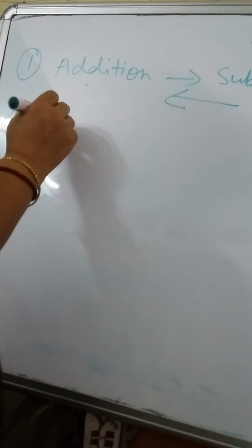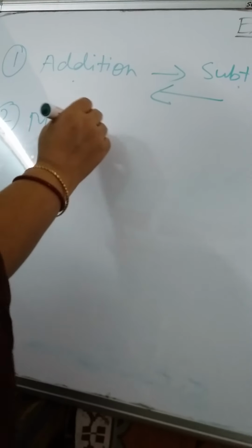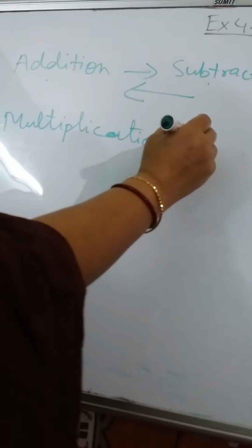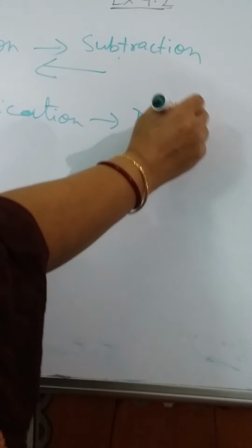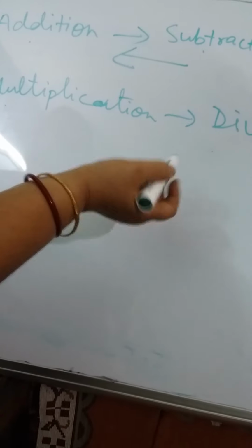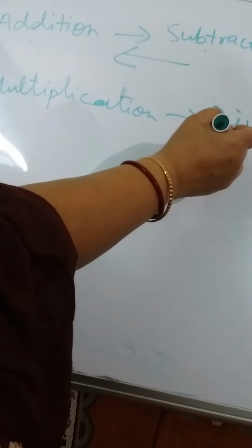And if it is multiplication on one side, you have to divide to separate the variable. If there is division, you have to multiply. Vice versa. These 4 things you have to remember. Thank you.